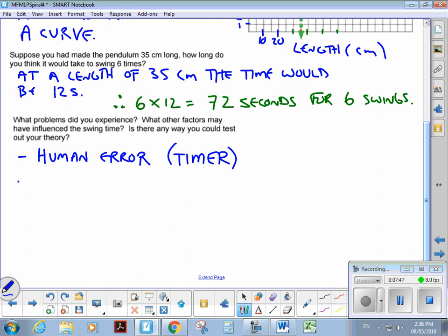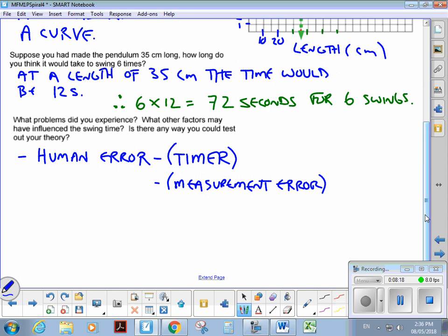There could also be lengths measured incorrectly, so again, that's more human error. So timer, measuring, or measurement error. So you didn't exactly measure the right length of string for the pendulum. But you'll notice the majority of this is going to be human error.